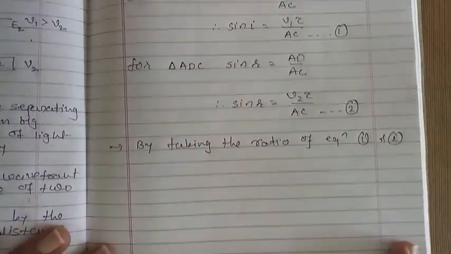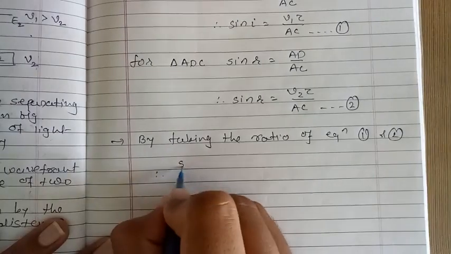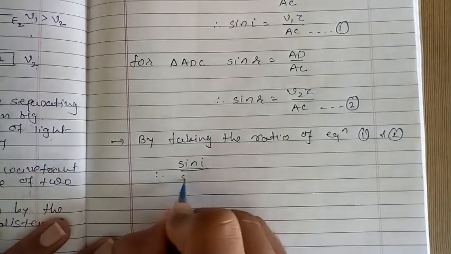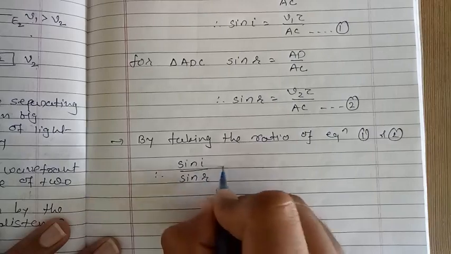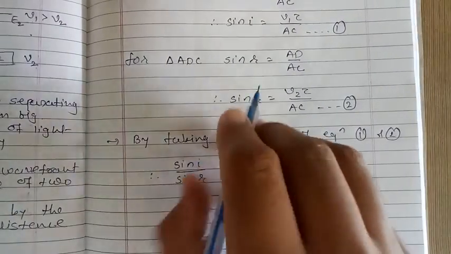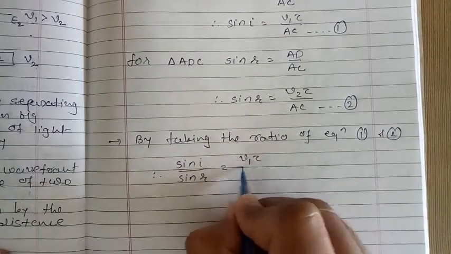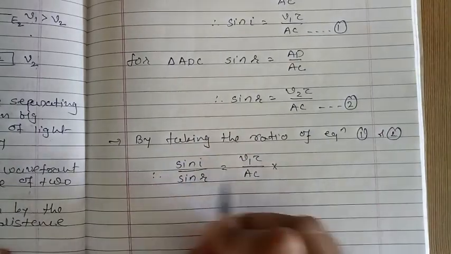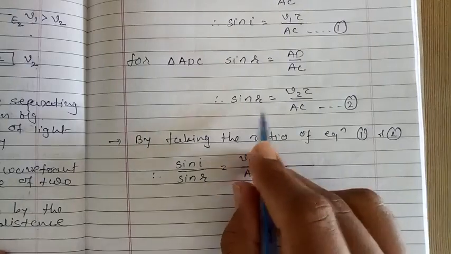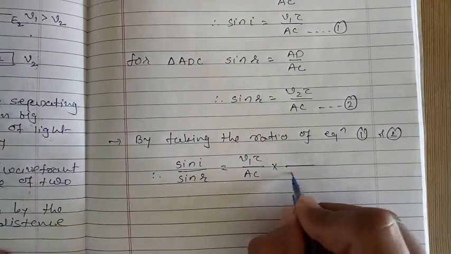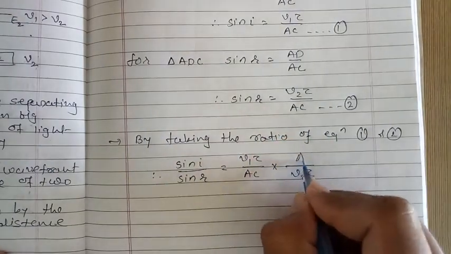So we get sin i upon sin r is equal to V1 tau upon AC divided by V2 tau upon AC.